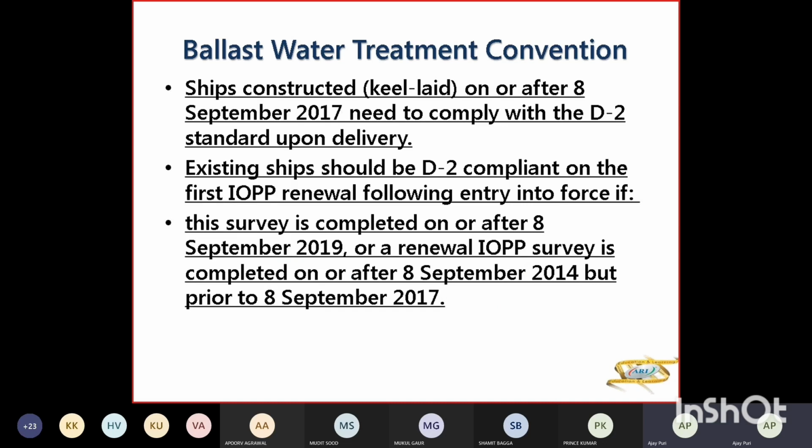So ships constructed on or after 8th September 2017 need to comply with D2 standards on delivery. An existing ship should be D2 compliant at the first IOPP survey after 8th September 2017, and this survey should be completed on or after 8th September 2019, or a renewal IOPP survey is completed on or after 8th September 2014, but prior to 8th September 2017.